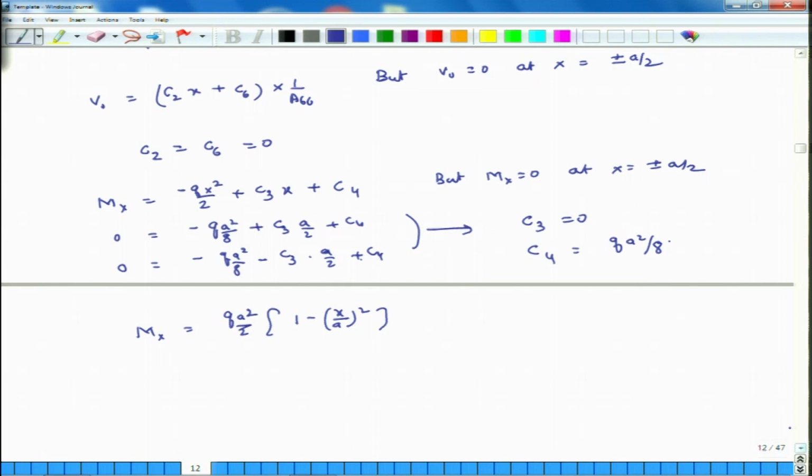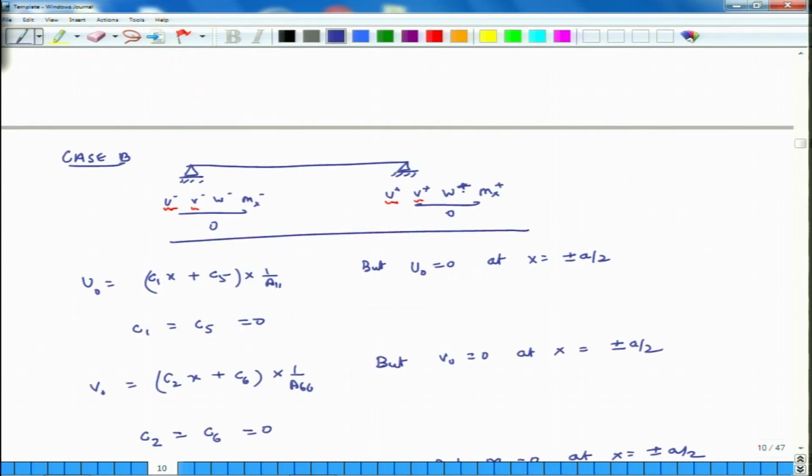So, now we have implemented 6 boundary conditions, including the BCs on Mx, and the 2 boundary conditions which are left are related to w, the out of plane displacement.